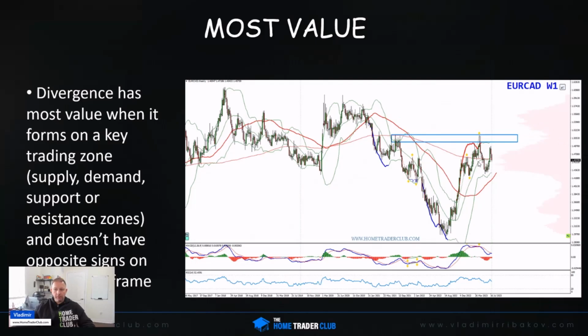And moreover, the weekly chart here also falls in the same category: higher highs on the chart, lower highs on the indicator, also the RSI, also the histogram. So it is absolutely clear that the weekly supports the daily divergence we spotted, a key zone divergence, hitting and rejecting a clean supply area, which is in that case also a resistance.